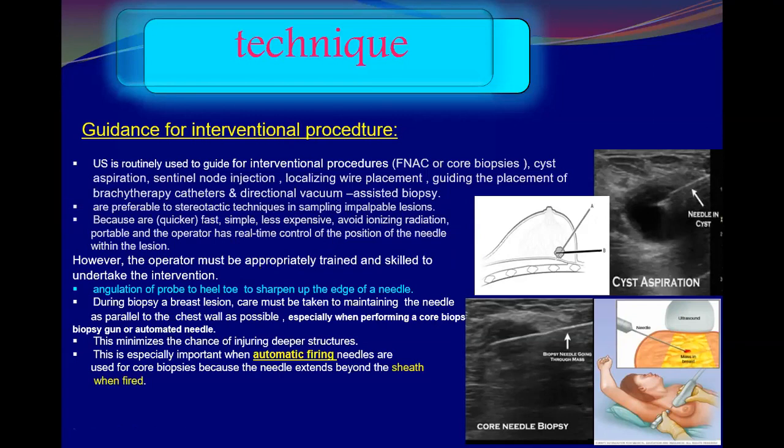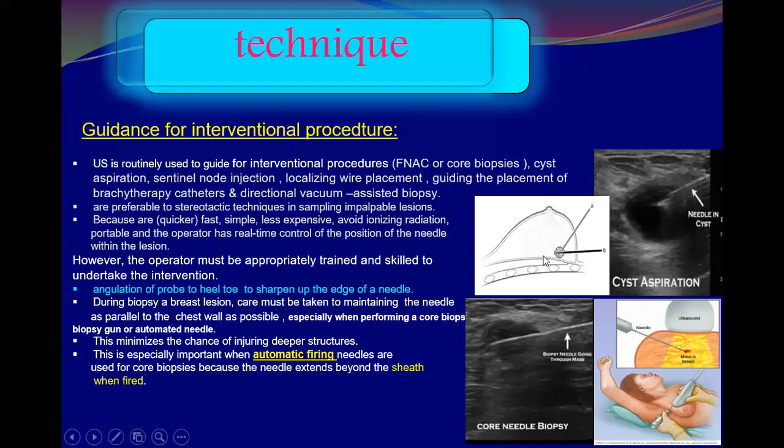It is important to consider sharp visualization of the needle, and to make sure the needle is not going oblique or perpendicular to the chest wall, to avoid injury to the deep structures, especially the lung and the pleura.